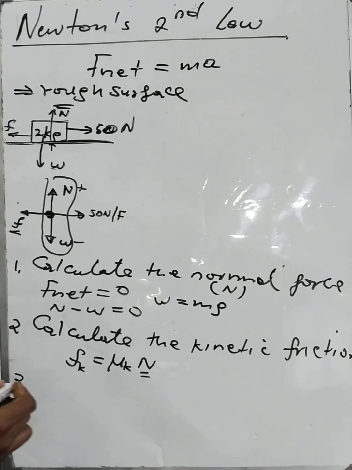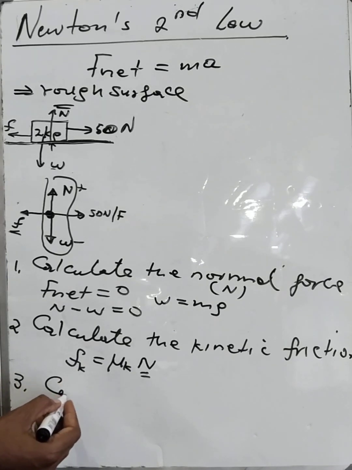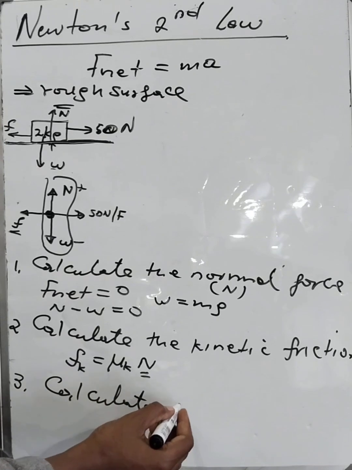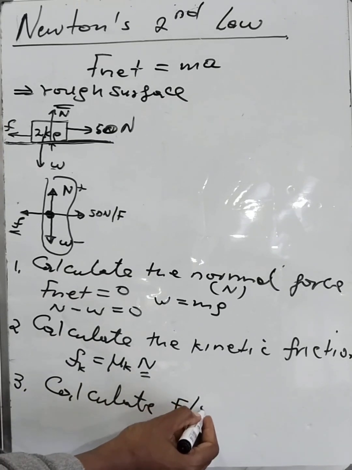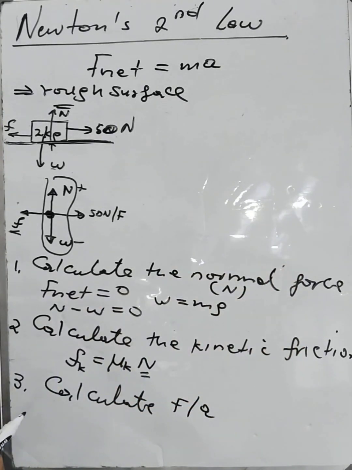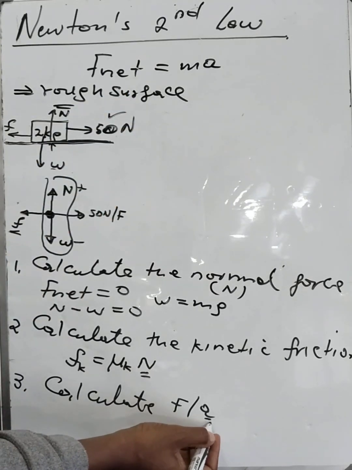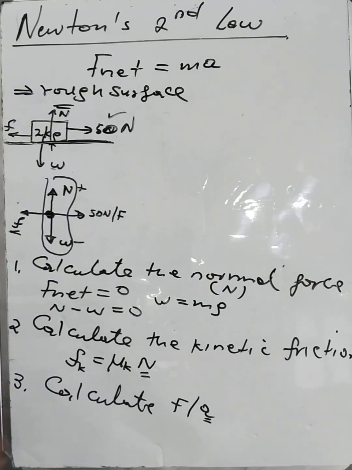Then the last question that can be asked is to calculate the force applied or acceleration again. Now that we have the force applied, the question will say calculate the acceleration. So we use the horizontal forces. F net is equal to ma.